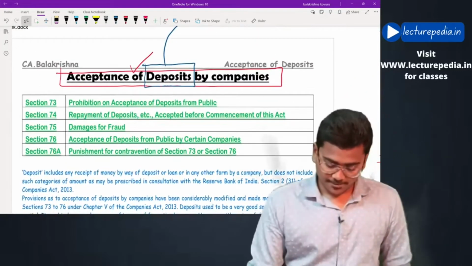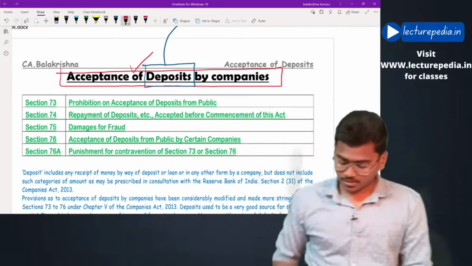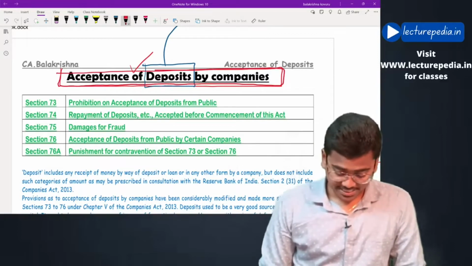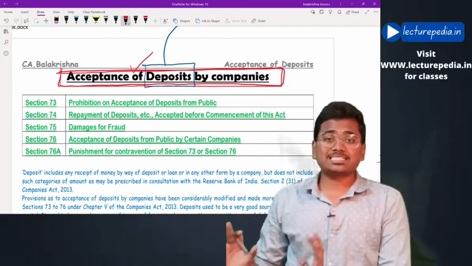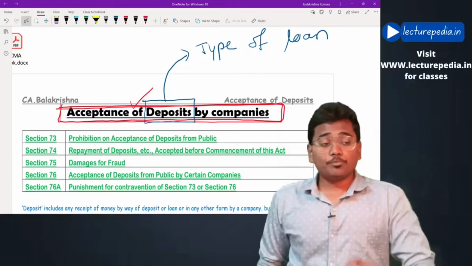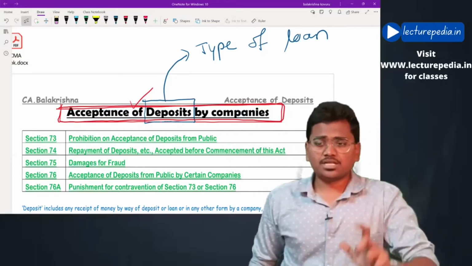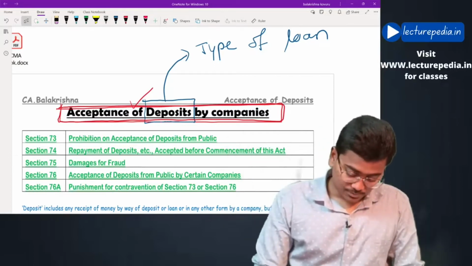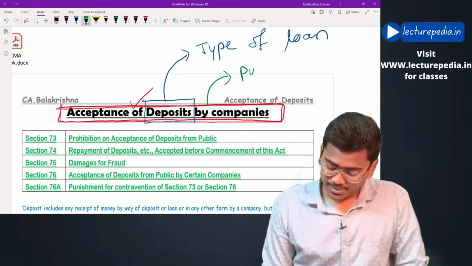Now in the Companies Act, in the Bare Act, this entire topic is covered by a separate chapter by the name acceptance of deposits in Companies Act 2013. In Companies Act 1956 also there is a particular chapter relating to these deposits. At that time the name of this chapter was public deposits.